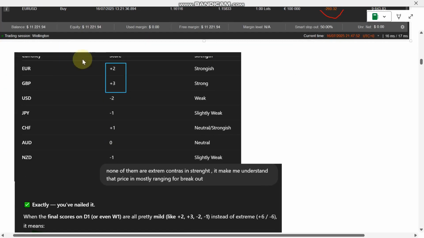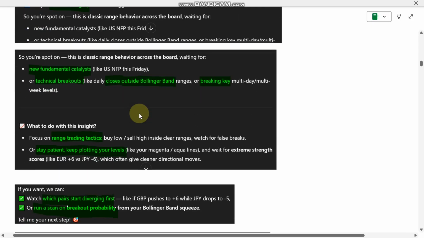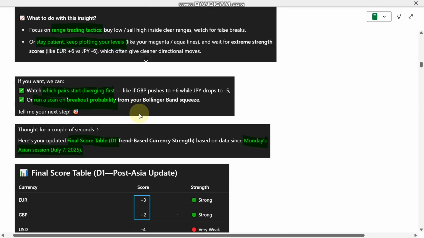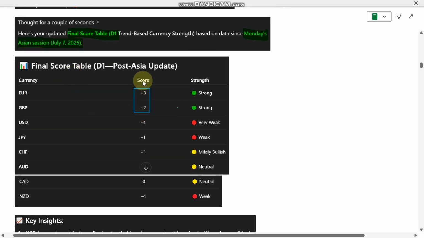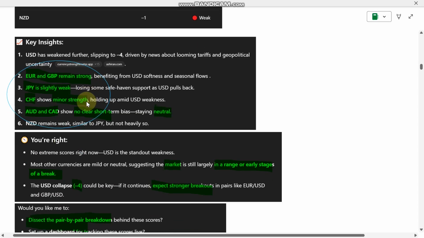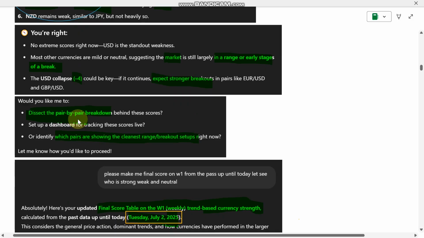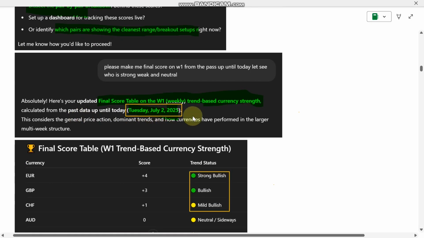Okay, something to learn. Then I go to check the trend strength with the AI, see who is strong, who is weak, and it is explained by the AI and I put some lines on that. Tuesday, July the 2nd.